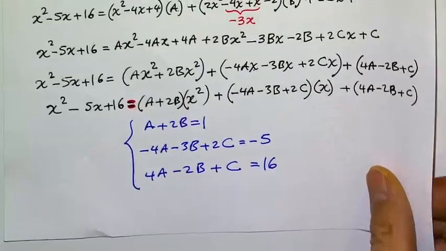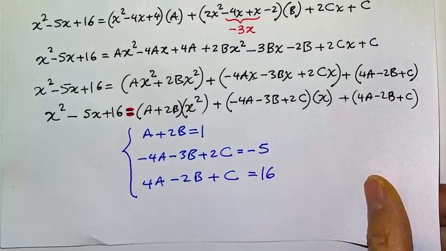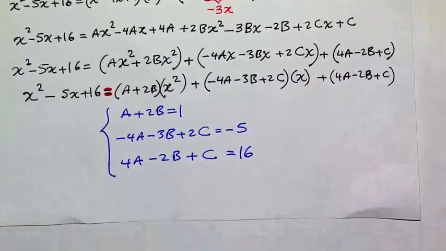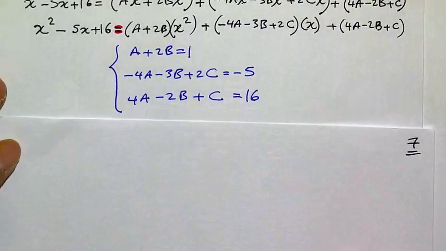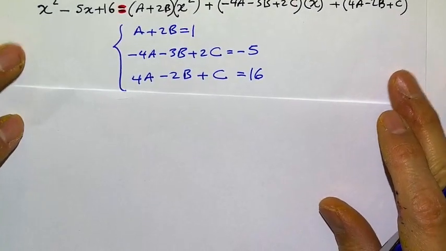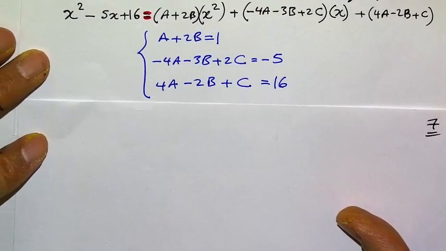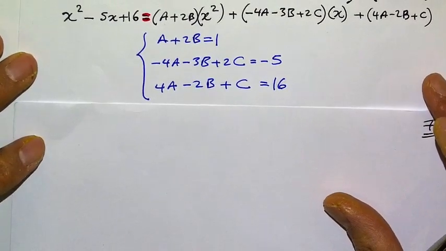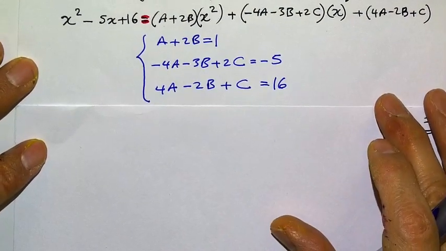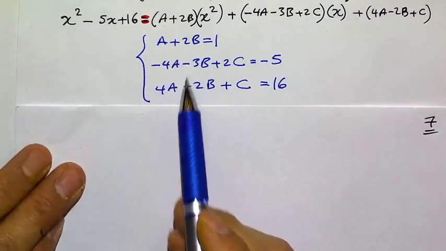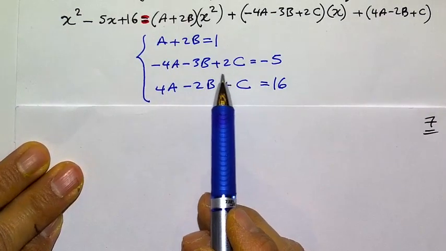All right. So then we continue. And let me go to the next page here. I'll keep this on the screen like that. Right? So now, notice that we have three equations, three unknowns.